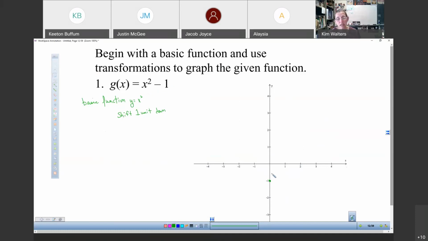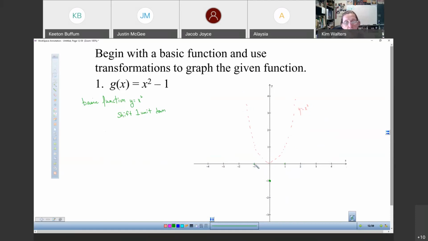Now, if I graphed the other one, I'm just going to sketch this little graph here. This is my x squared, and I'm sketching it briefly because I want you to see what's happening. So this is y is equal to x squared. I'm literally taking every point and shifting it down 1 unit. So for my new function, everything is going to shift down.